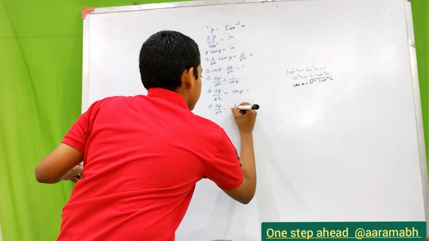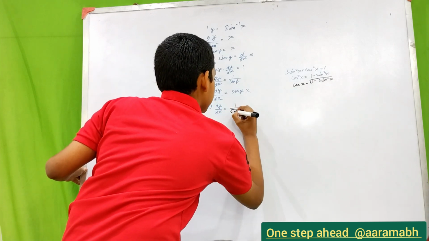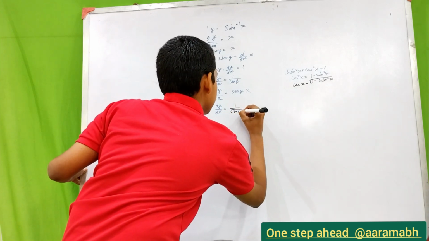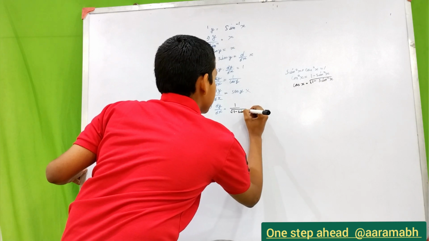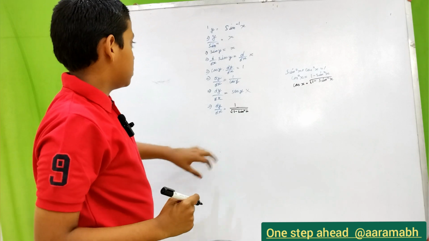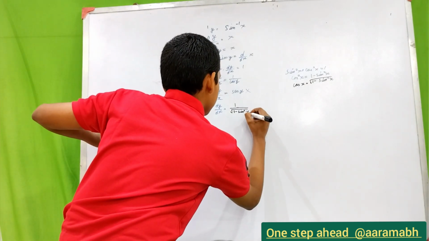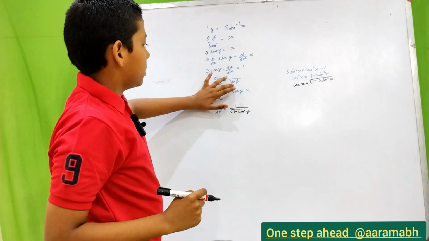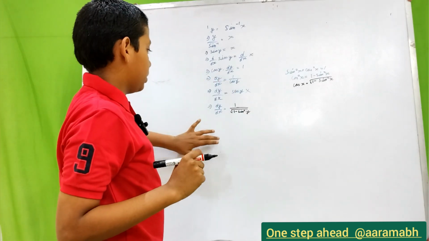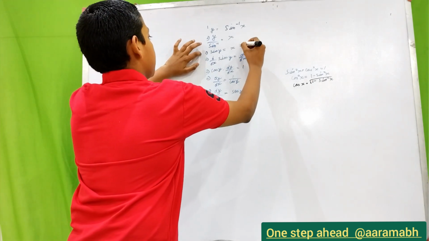So it will become this. Here we will write 1 minus sin square y, because here our cos value is for y. Now as I've told you guys, we should remember this point.